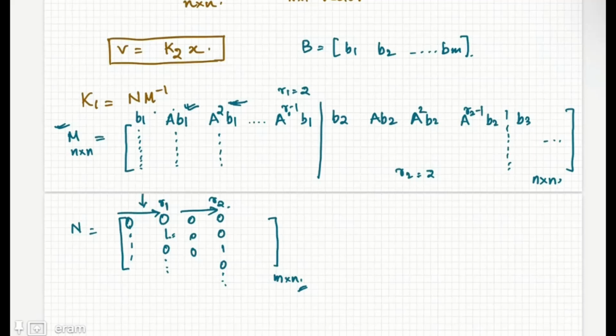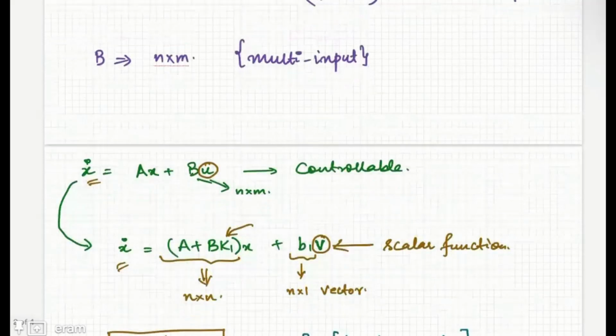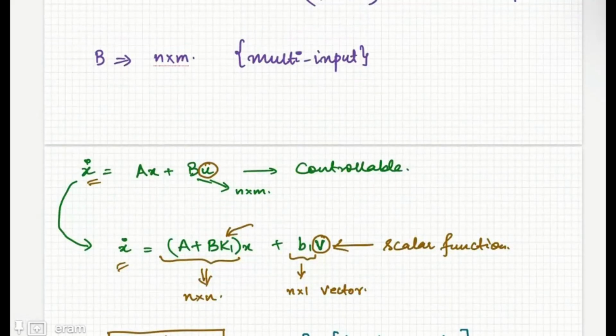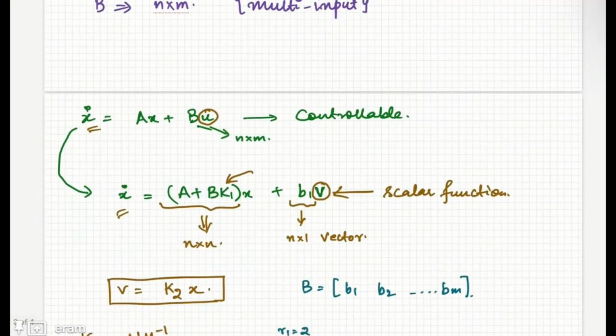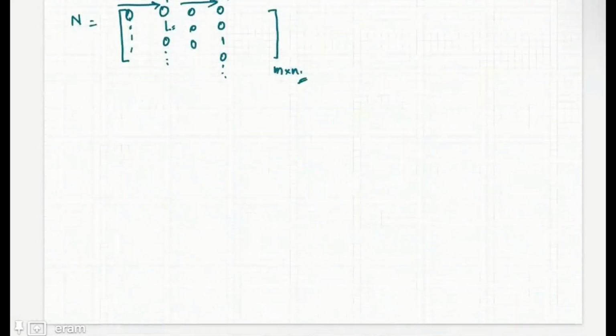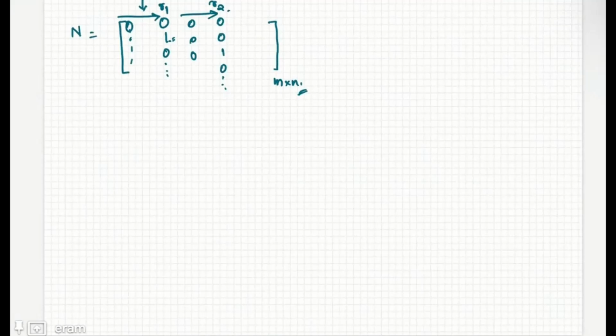So this is how we can design M and N, which allow us to design our K1 such that the system is converted into single input system form, and then we can design our v such that it is K2 into x. So that's all about state feedback controller.